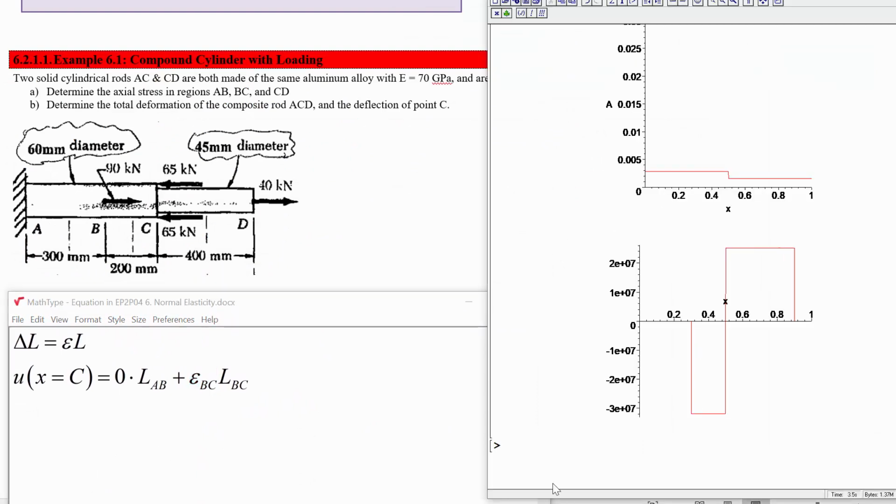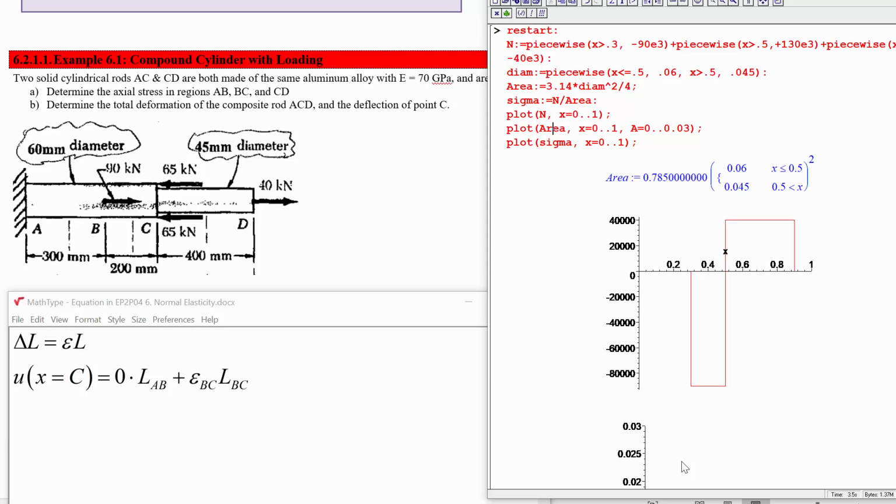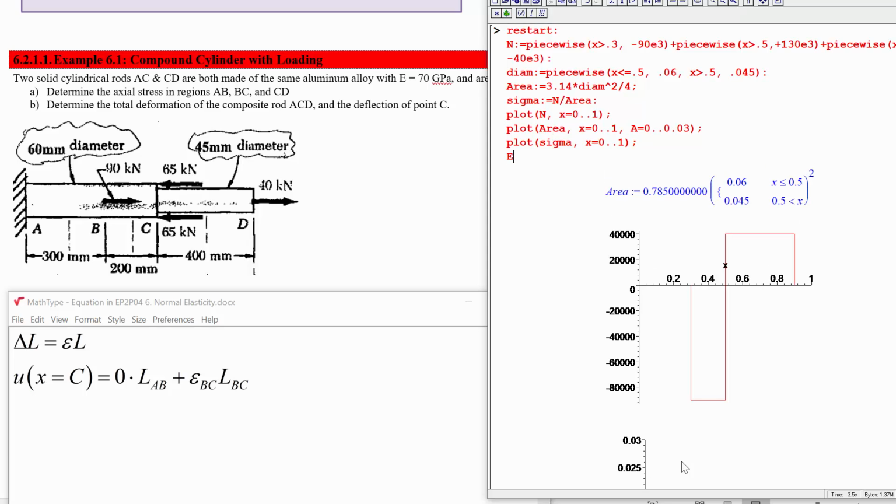And then we can go up to this part and just substitute that in. So we can say UC is equal to epsilon in BC. Oh, how do we find epsilon? First, let's find the strain everywhere. And we can do that by putting in the Young's modulus, which they gave us in the question. The Young's modulus is 70 E9.